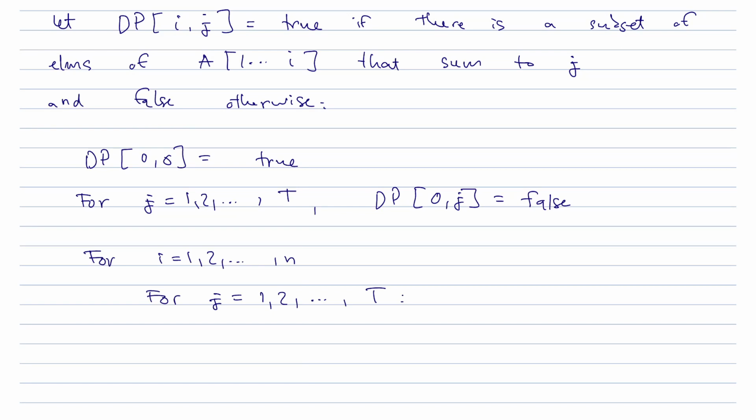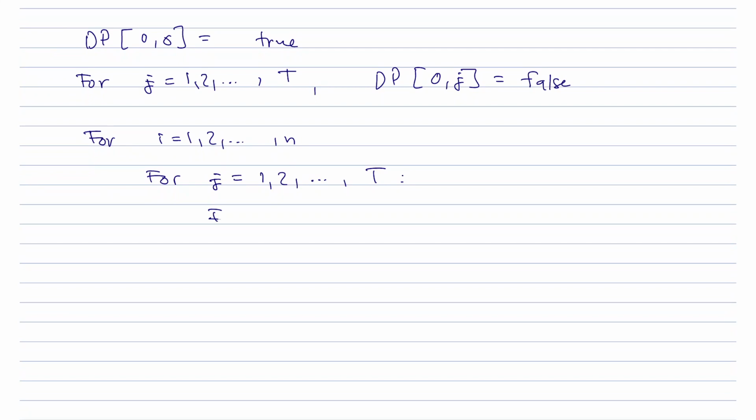Okay, now if a_i is strictly larger than t, then clearly a_i cannot belong to the subset, if there is one that sums to t. So dp[i][j] is equal to dp[i-1][j].